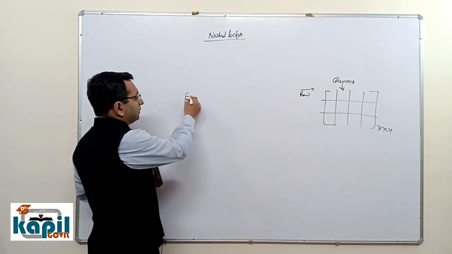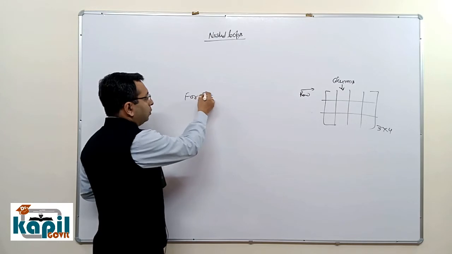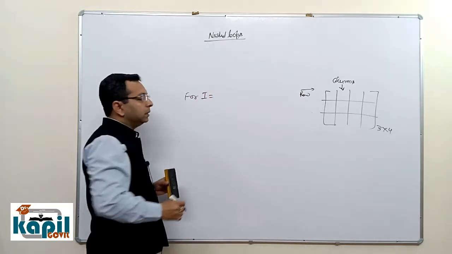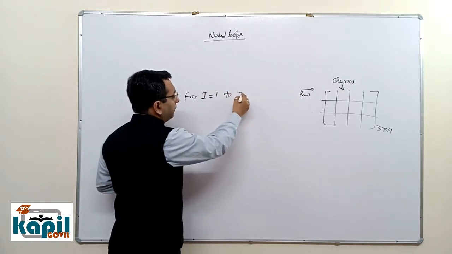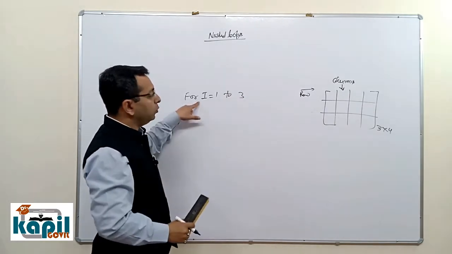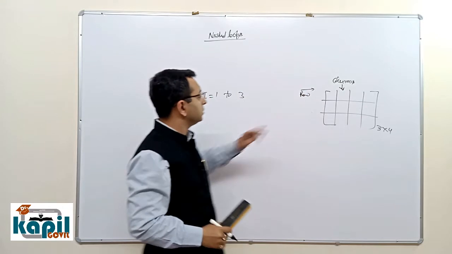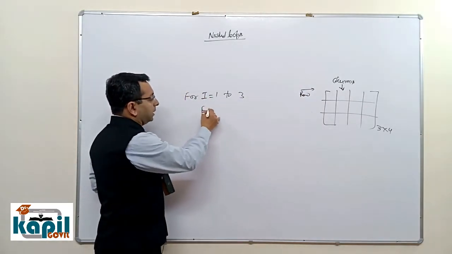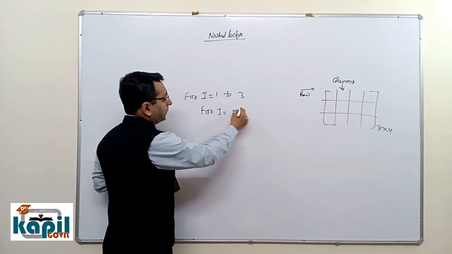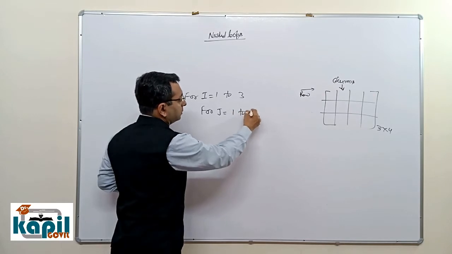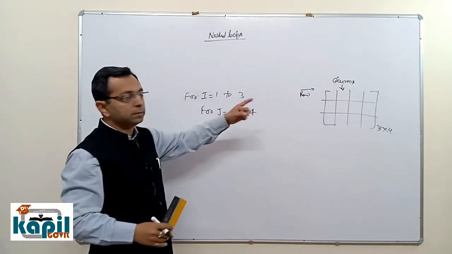Suppose this is the first loop, which goes from 1 to 3, because this loop is used for rows. How many rows are there? 3 rows. And another loop from 1 to 4. How many columns are there? 4 columns.